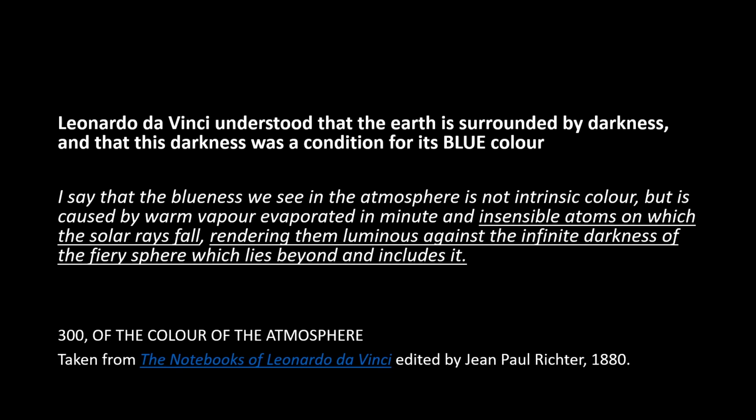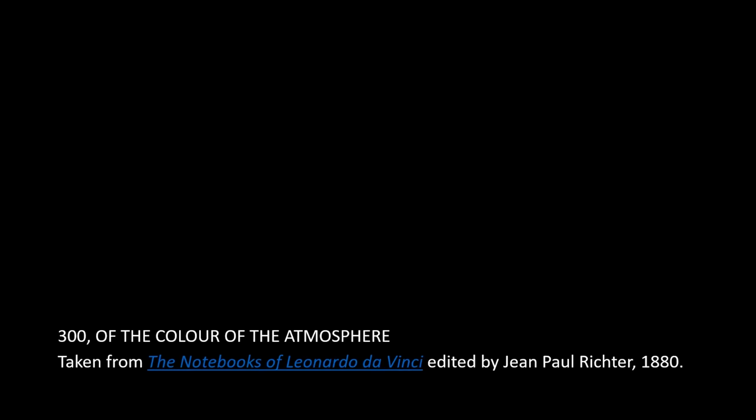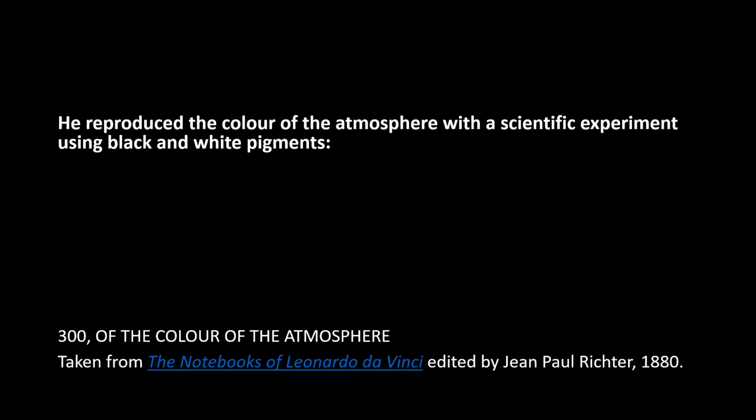I thought this is quite amazing, because we would describe this situation in exactly the same way today. And one thing which was even more interesting is that he designed a kind of scientific experiment to prove it. For this experiment, he used simply painting pigments.